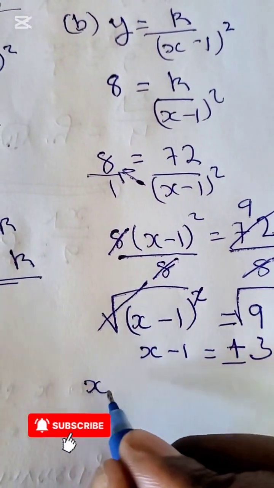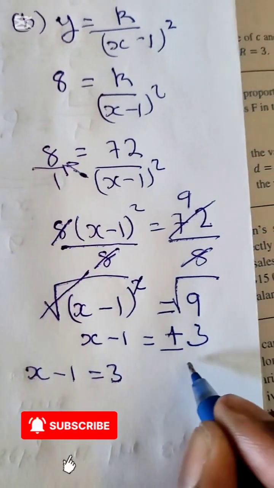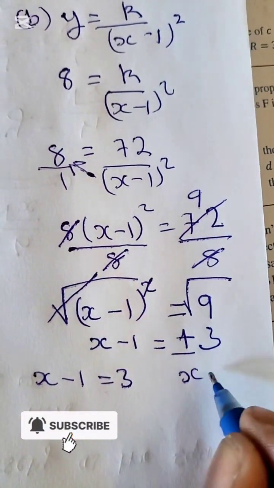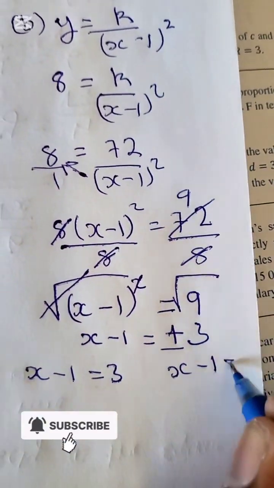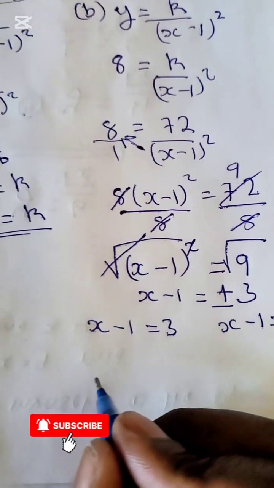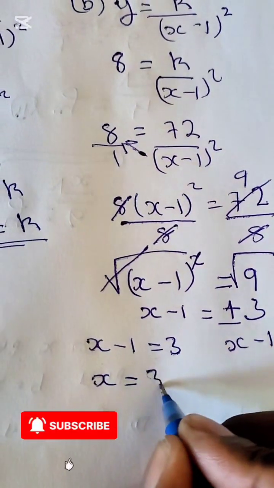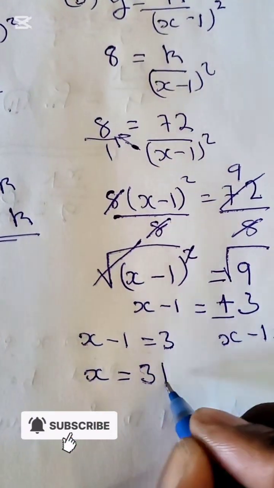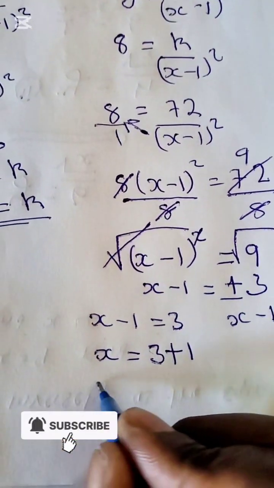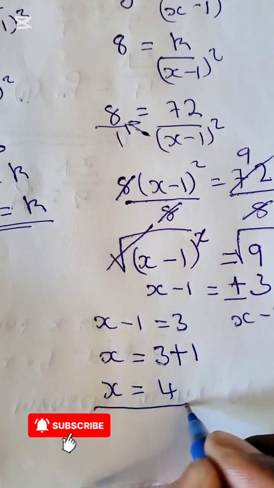So the first is x minus 1 is equal to plus 3. The second is x minus 1 is equal to minus 3. So x is equal to 3 plus 1, then x is equal to 4.